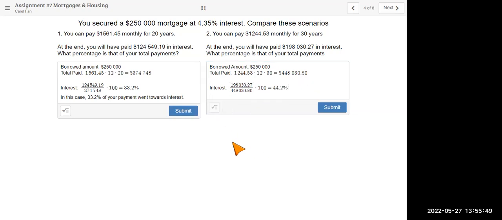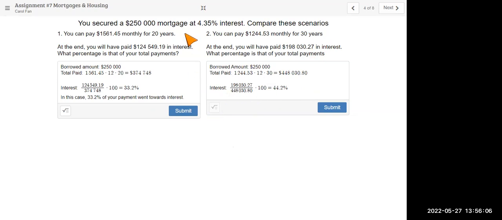Now we know that you are paying extra when it comes to interest, but you can see that the longer it takes for you to pay it back, the more money goes towards interest.